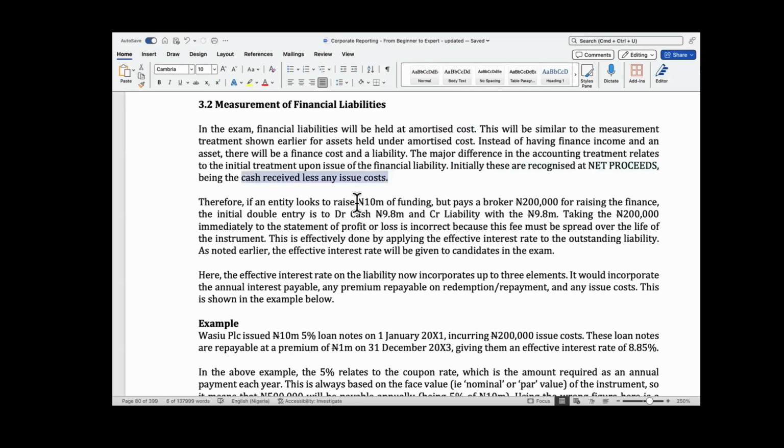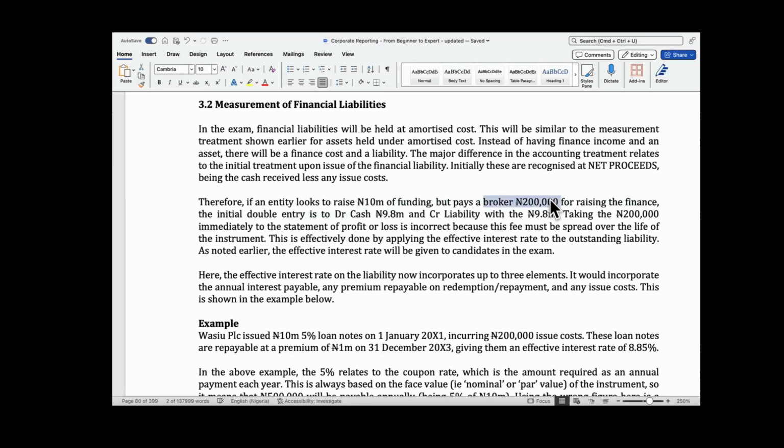In the sense that if you borrow money, when you have a liability, you are the one borrowing money. You borrow 10 million and you engage a broker to help you raise that money. You give him 200,000. So the amount you're going to recognize as financial liability in your books is 9.8 million, which is the net, which is this 10 million minus 200,000.